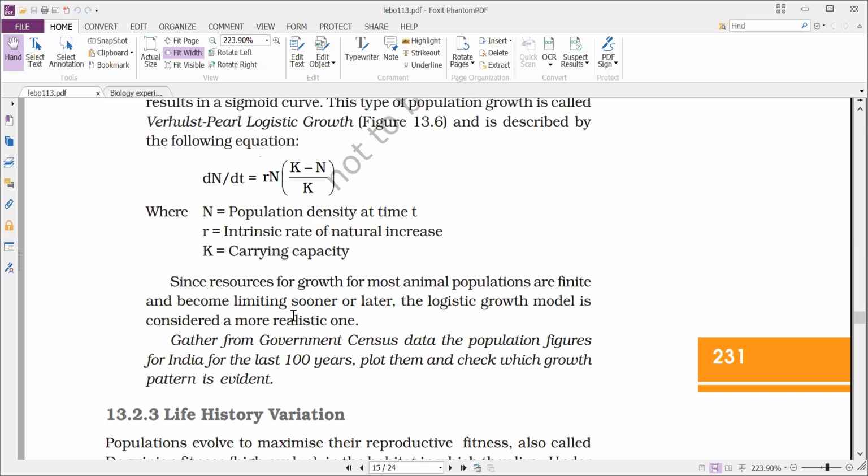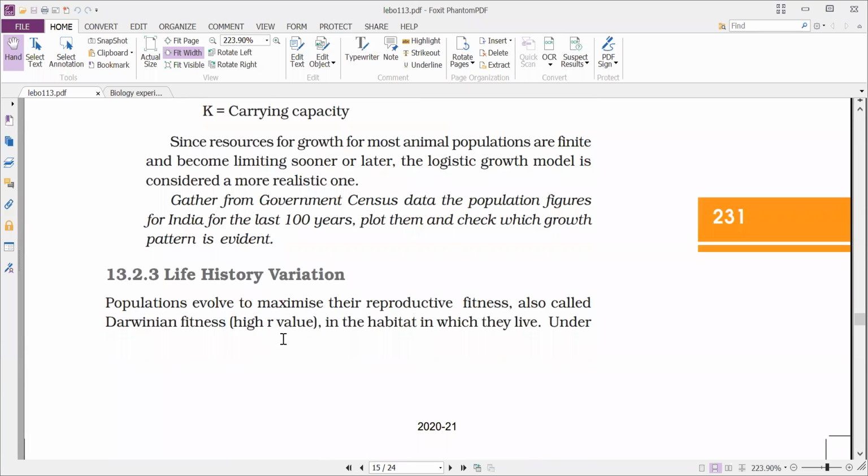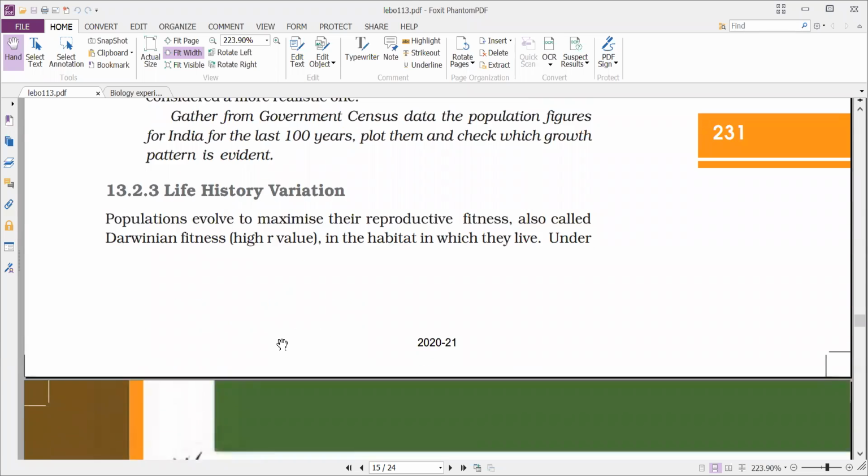These two are very important. Once you check the previous year questions, definitely one question will be there related to this topic, related to these population attributes.